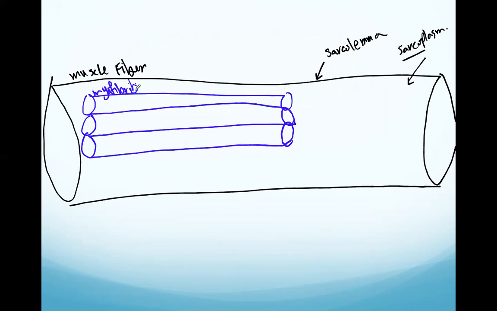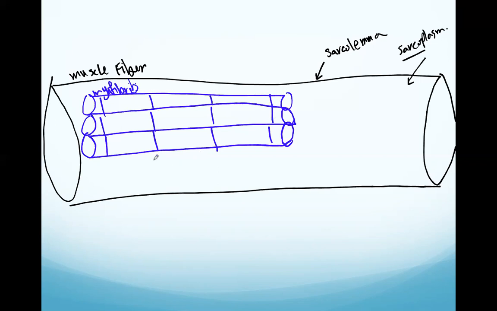Myofibrils are broken down into these vertical units, which I have right here. And these vertical units are identified as sarcomeres.